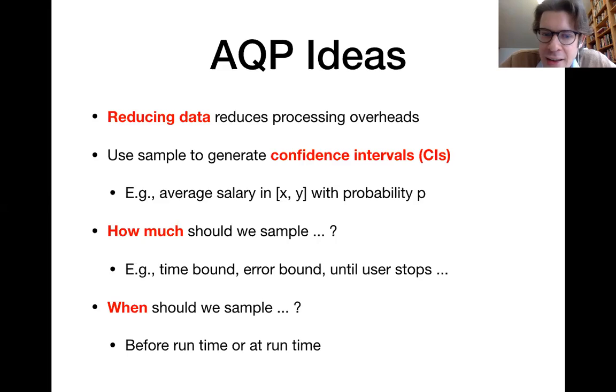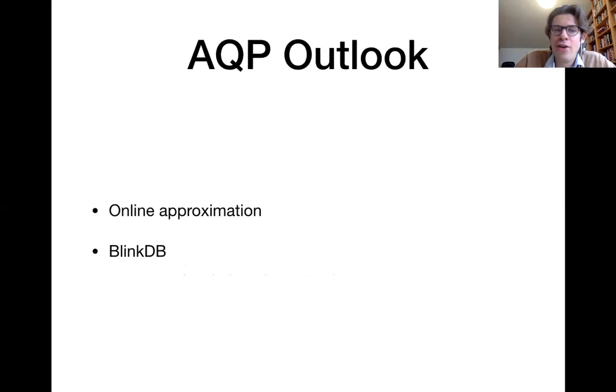Also, the question is, when should we do the sampling? Should we try to collect samples at runtime? Or should we maybe try to already prepare samples before runtime that will be used for queries at runtime? So there are different possibilities for how to do approximate processing precisely. And in the following, we're going to see two different ways of doing approximate processing.